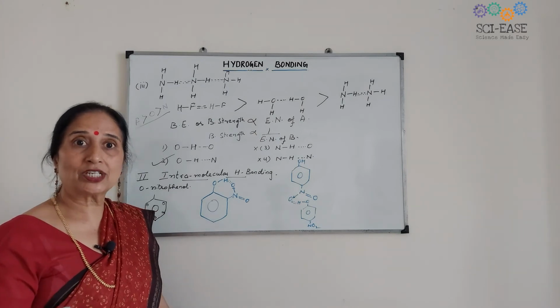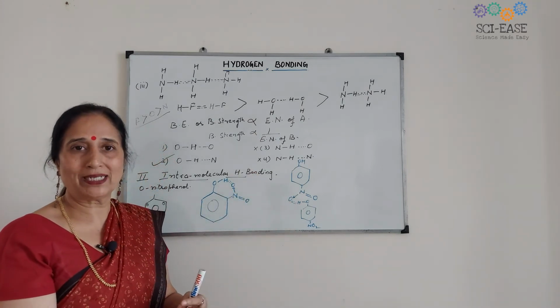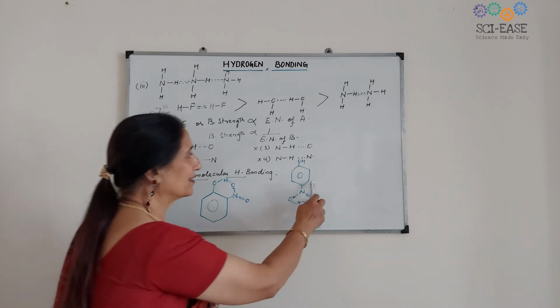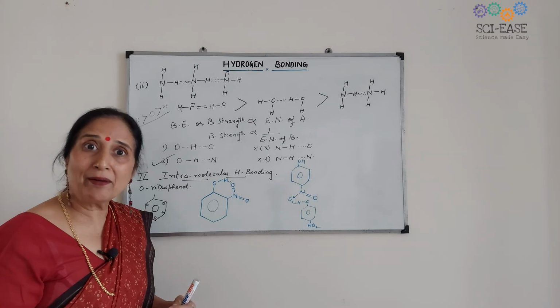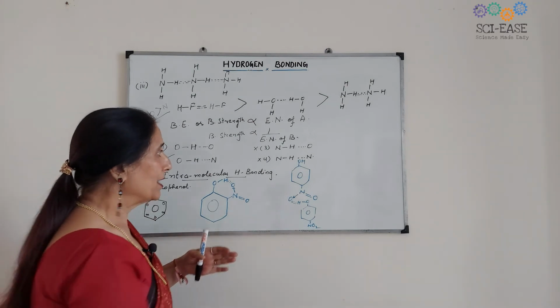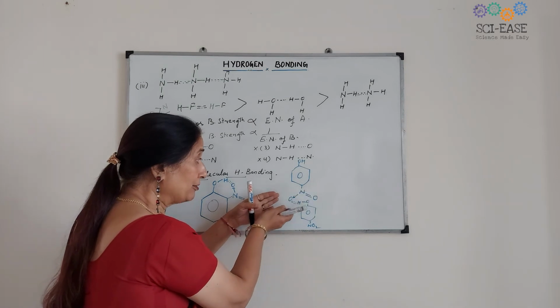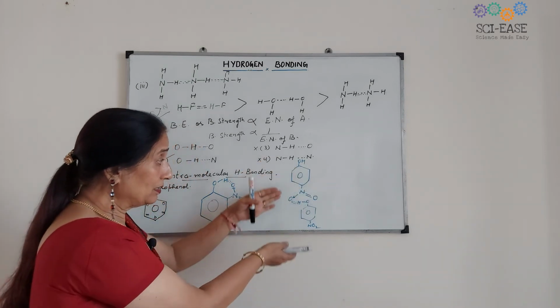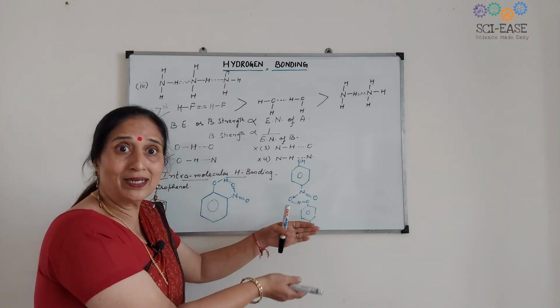Sometimes there is a question that which one of the two will have the higher boiling point. So para-nitrophenol will have the higher boiling point. Why? Because here the hydrogen bond between the two molecules will break. That will require more energy.